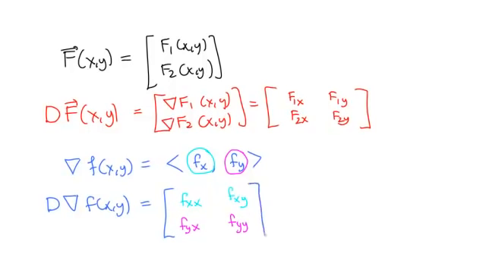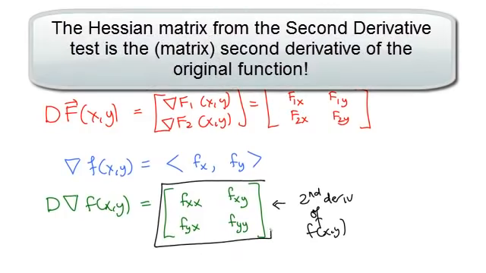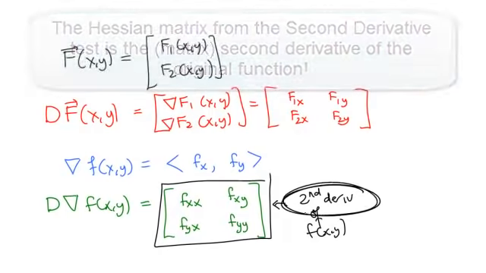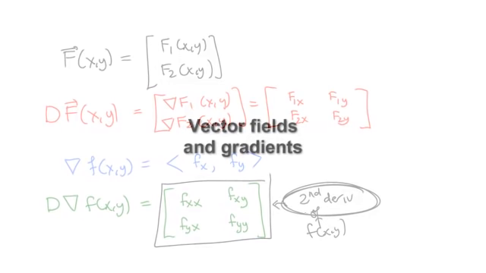And so this matrix right here is quite literally the second derivative of the function f of xy. Do you recognize this matrix? It's precisely the Hessian matrix we needed in something called the second derivative test. So there's an honest-to-God reason why this is called the second derivative test. This is what the second derivative of a function of two variables has to be.